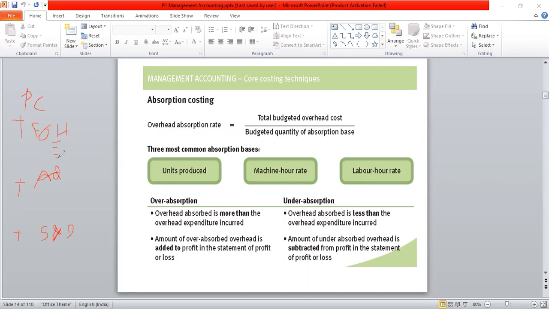So what does that mean? From the past data, they observed the relationship in that particular cost sheet to any item of the prime cost. Usually, it is direct labor.